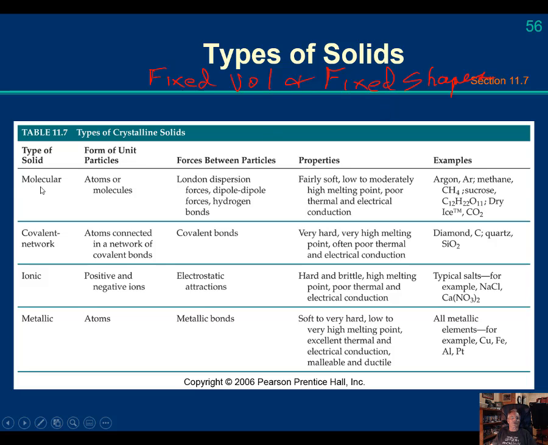We've got molecular solids. The unit that forms those solids on the atomic molecular level can be atoms or molecules. The forces between those particles: London dispersion forces are possible, dipole forces, hydrogen bonds. You could be talking about water that's frozen in place, solids, ice.